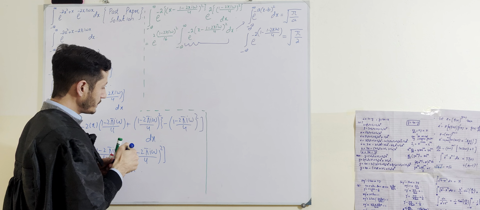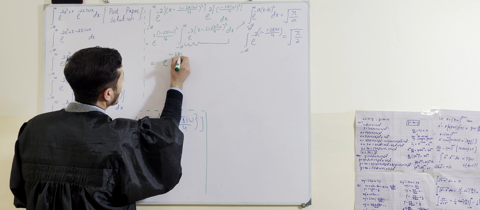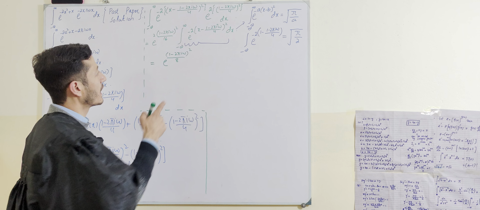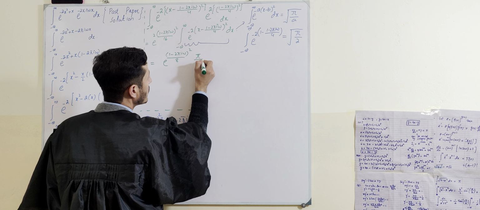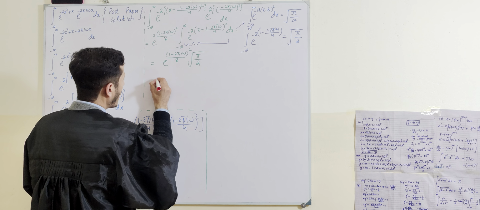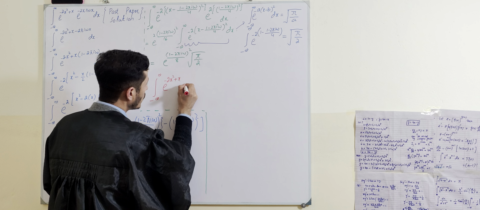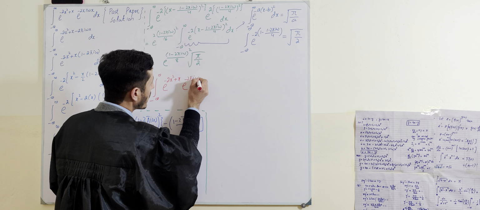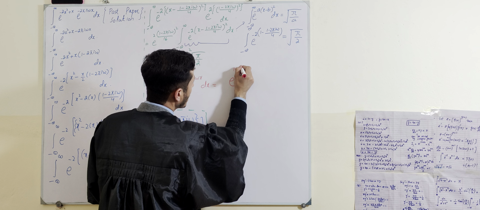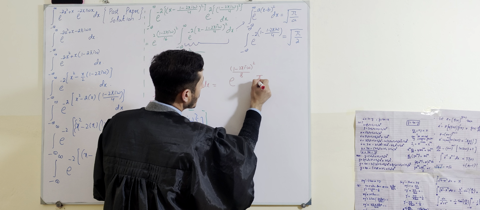Then it becomes e^((1 - 2πiω)²/8), since 2 divided by 16 is 8, times the square root of π/2 from the integration. So the integral from minus infinity to infinity of e^(-2x² + x) times e^(-2πiωx) dx is equal to e^((1 - 2πiω)²/8) times the square root of π/2.